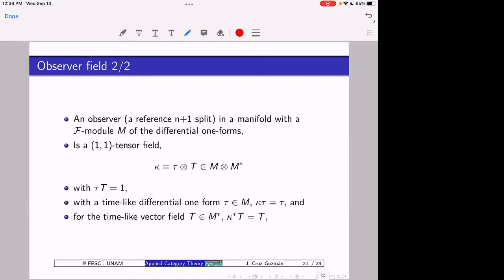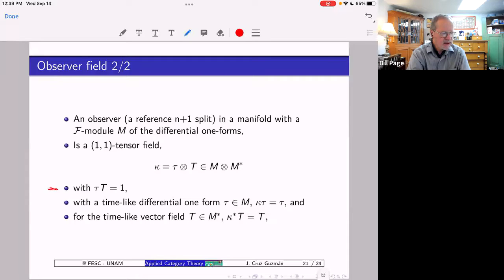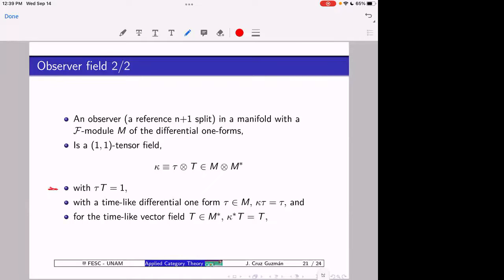Yes. Now, is there any? This is okay. That's like compatibility. That's my compatibility condition. Yes, it's the same. That compatibility condition. Yes.